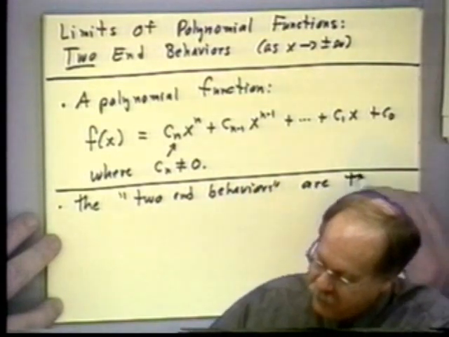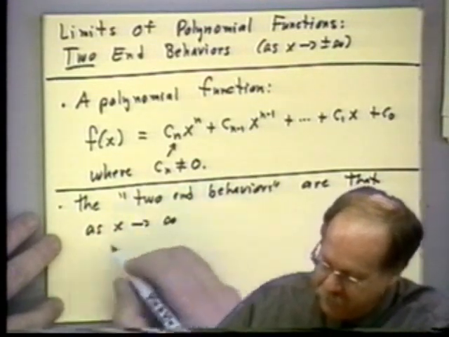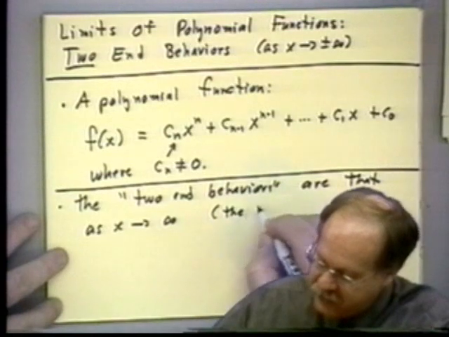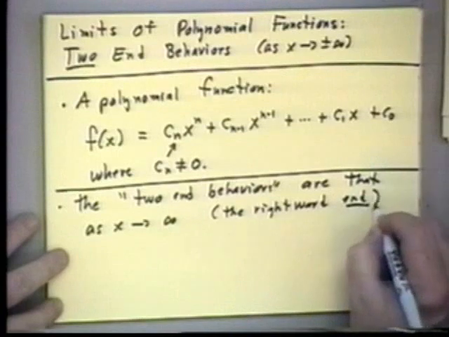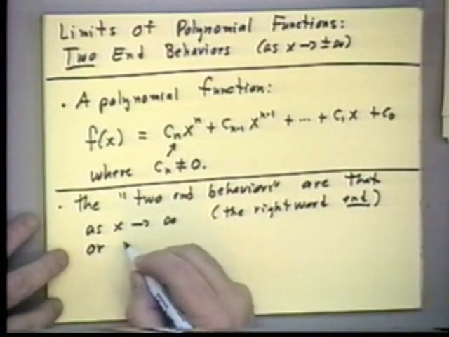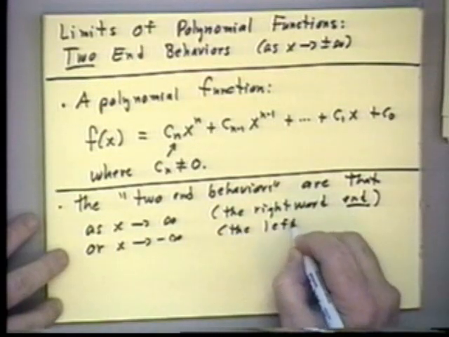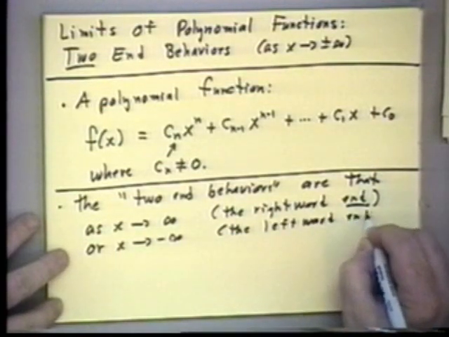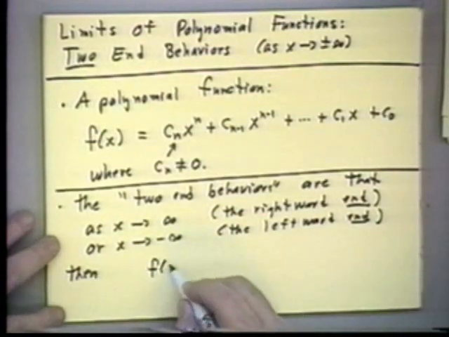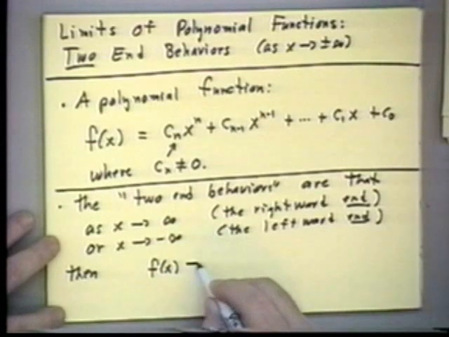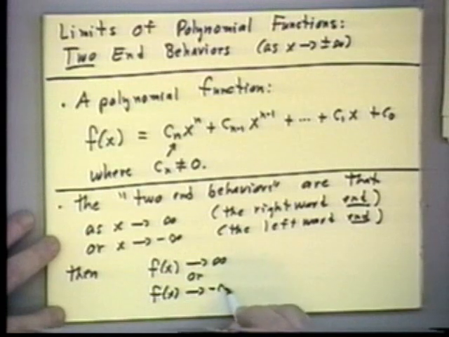are that as x goes to infinity, which is the rightward end, or as x goes to minus infinity, which is the leftward end, it is the functional value that we're interested in. f of x goes to infinity, or f of x goes to minus infinity.